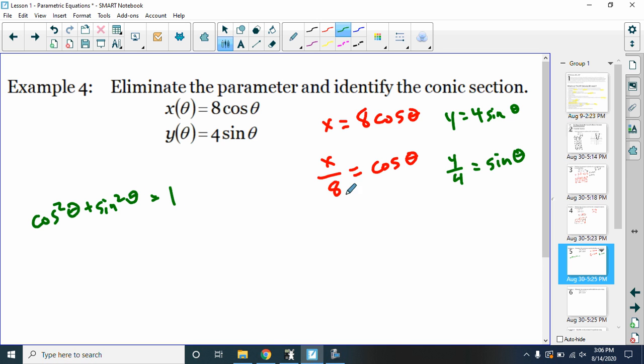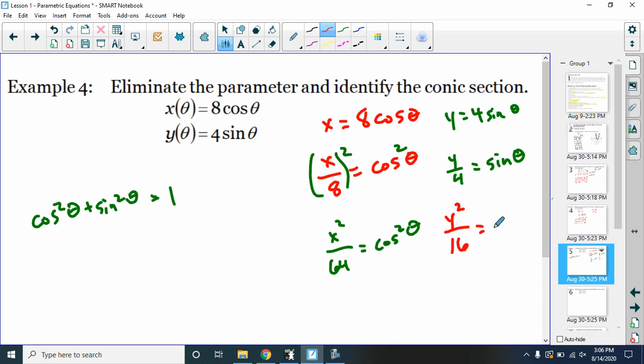Hopefully that's something you remember. So I can get cosine squared theta by squaring both sides. So we get x squared over 64 equals cosine squared theta. Square both sides here, I get y squared over 16 equals sine squared theta. And now I can substitute this into our identity.